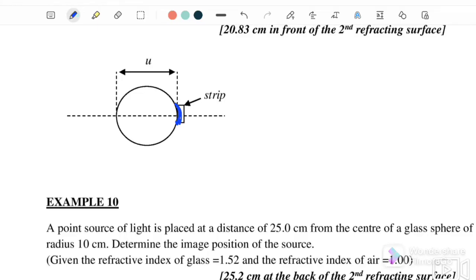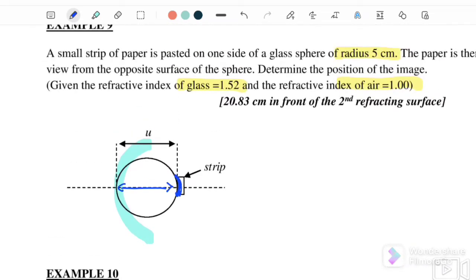So this is the surface, because on the other side is the paper pasted there. Meaning that the value for u is the diameter. The radius is 5, so the diameter, our u, is equal to 10 cm. This is our object, the paper, so this is N1, and here will be N2.